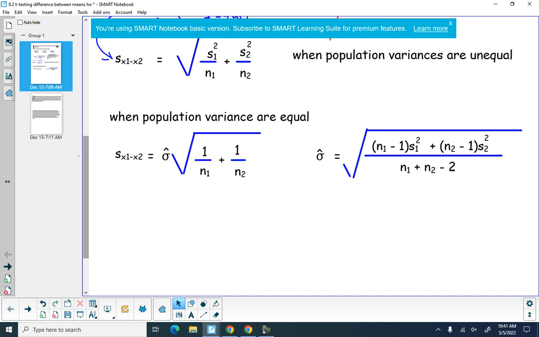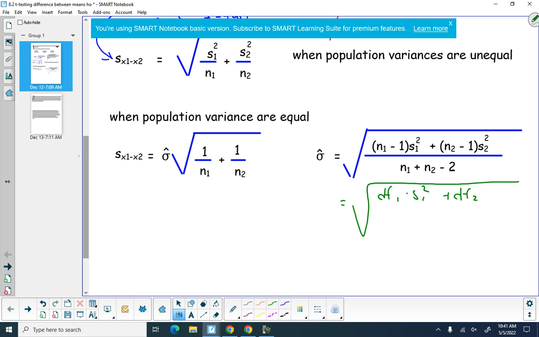We have this equation, but this also reduces down to the square root of degree of freedom 1 times your variance 1 plus my degree of freedom 2 times my second variance, and this is over the degree of freedom 1 plus my degree of freedom 2.